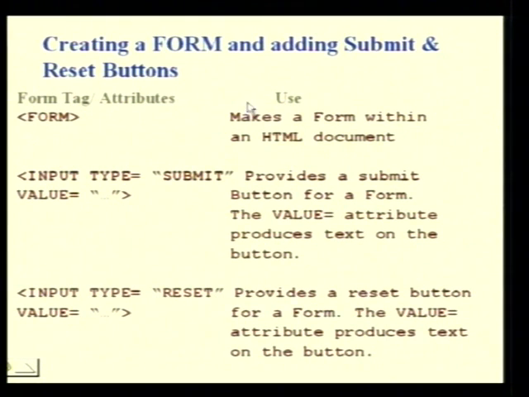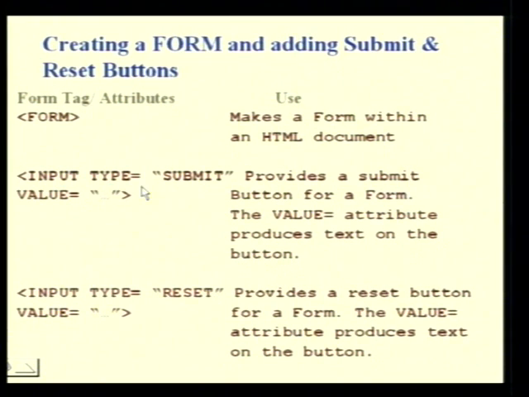Okay, coming over to each of these parts, we use the form tag to add a form to your web page. Now looking at the form tag: the form tag makes a form within an HTML document. Now you use the input tag, input type equal to submit, value equal to something, to provide a submit button.